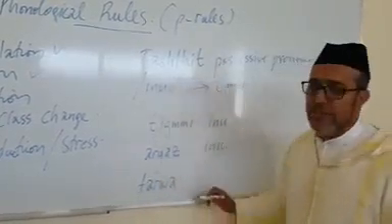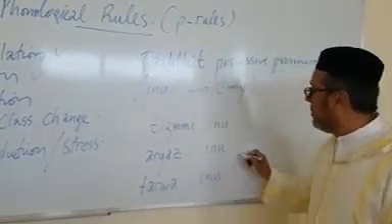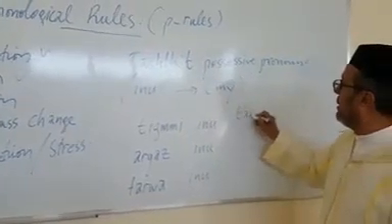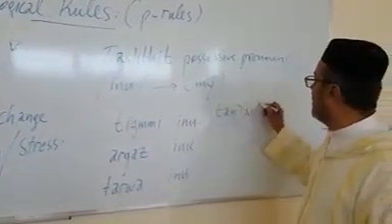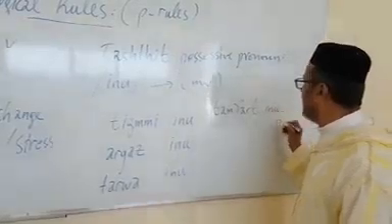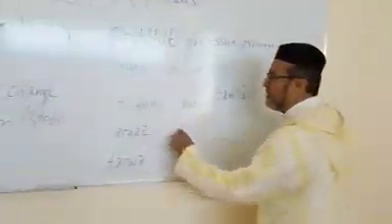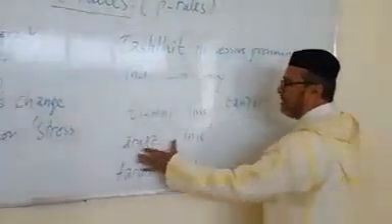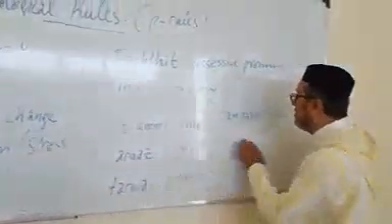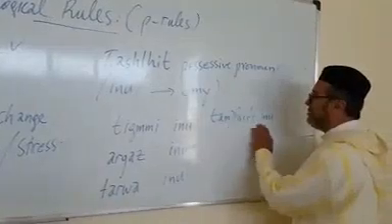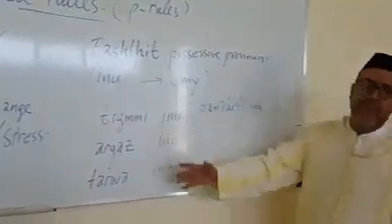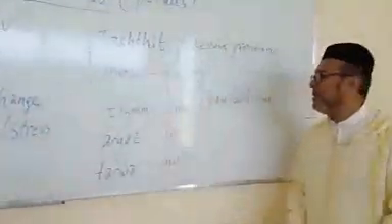Children, inu. And wife or woman, inu. So this means my house, my man or my husband, my children, and my woman or my wife. We have the whole family right here.